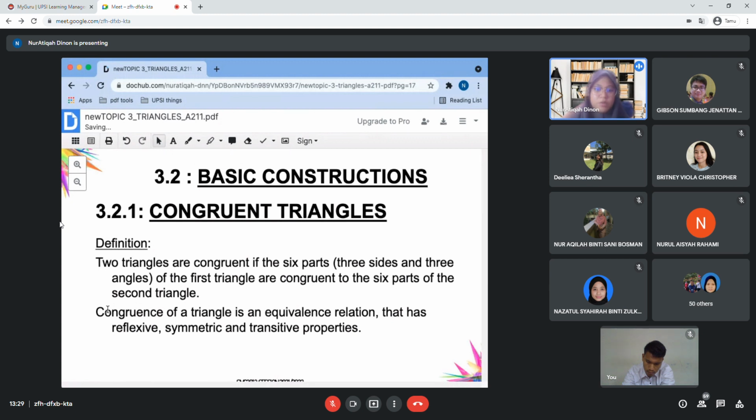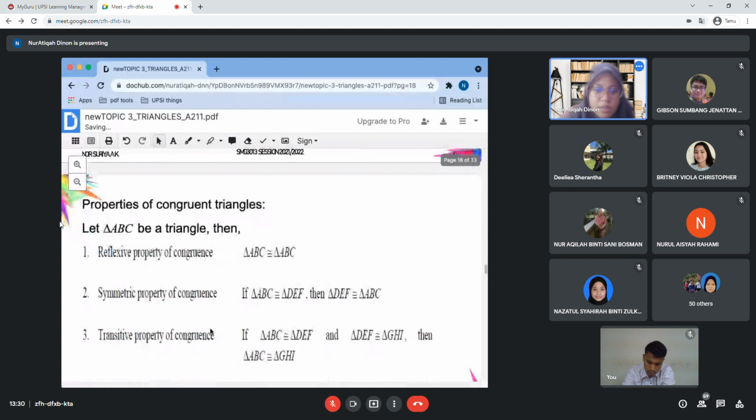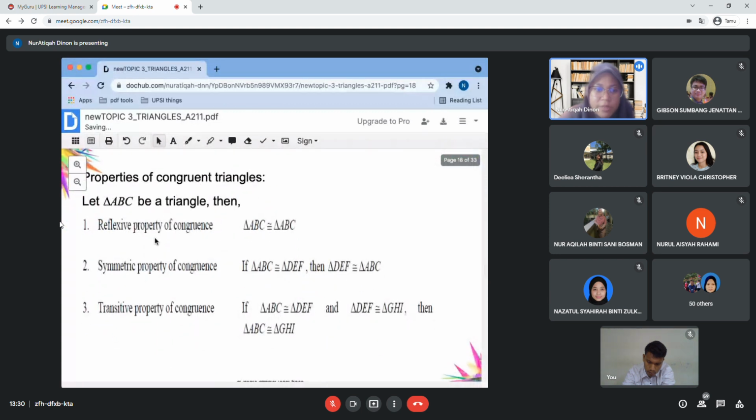Okay, congruence of a triangle is an equivalence relation that has reflexive, symmetric and transitive properties. I think we already discussed these three properties in topic 1. If you are confused, you can look again. Here we revisit these, along with the property of equality.